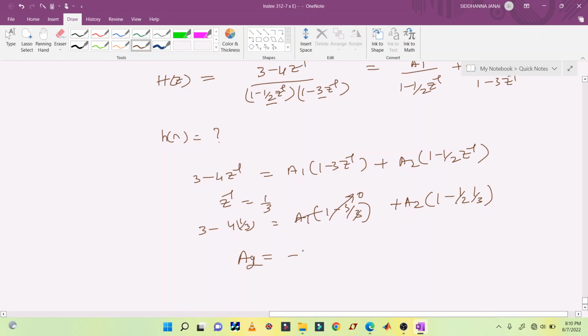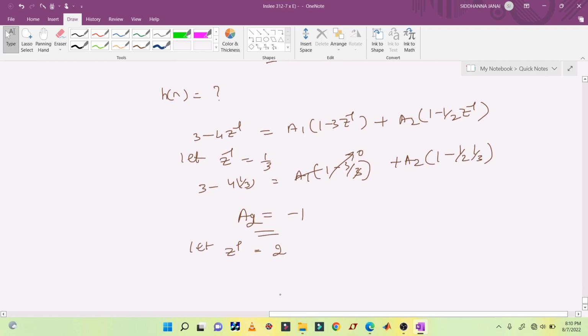So A2 = -1. On the same lines, if you put z^-1 = 2, then you will get A1 = +1.